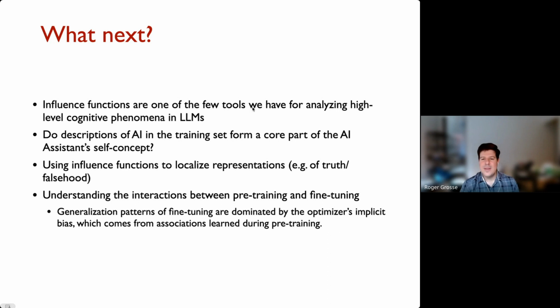I guess there's also some interesting work on, what's the name of it? Datamodels from Andrew Ilyas. They essentially tried to fit linear regression models to predict, based on the presence or absence of a training example, what's the effect on the generalization.